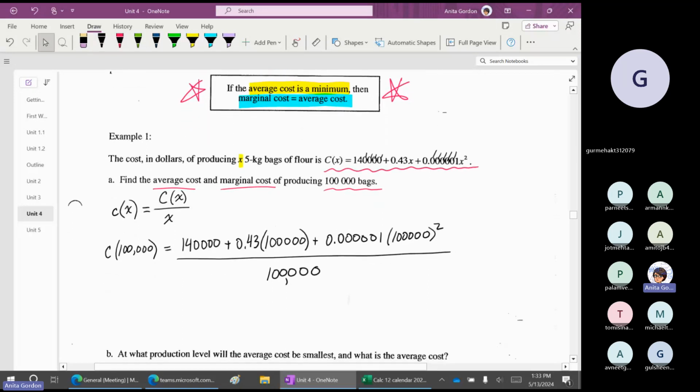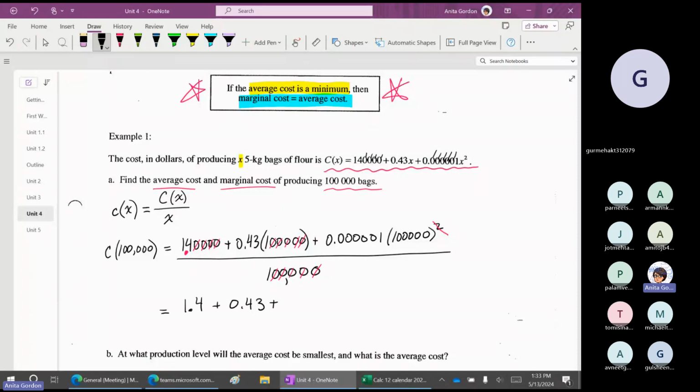Hopefully you can see we can make our life easier by canceling zeros. We can cancel out 5 zeros and just move a decimal over. This will make typing into our calculator a lot easier. This is going to be 1.4 plus 0.43 plus, is it 1?